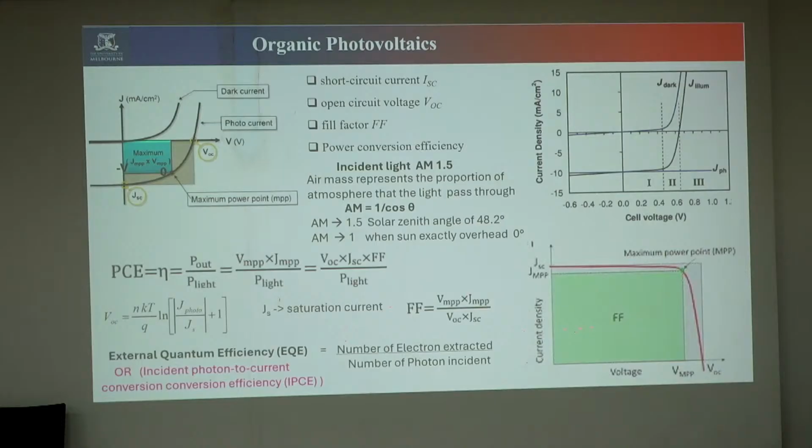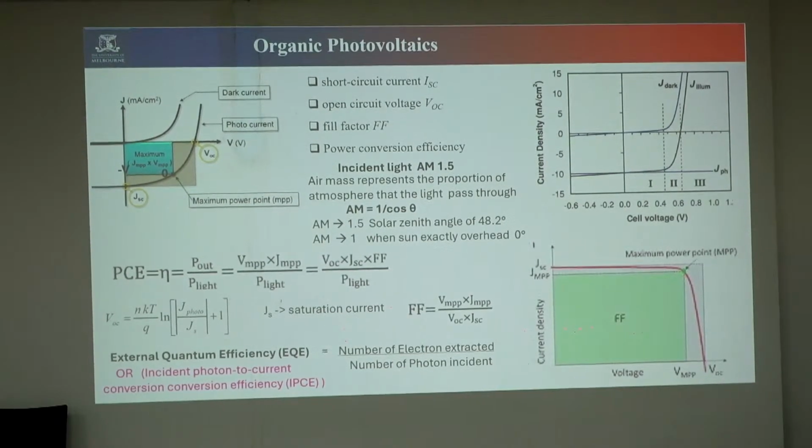And the illumination condition is 1.5 AM. What is incident light 1.5 AM? AM is nothing but air mass. What is air mass? In reality, the sunlight has to cross through the atmosphere to reach the Earth's surface.